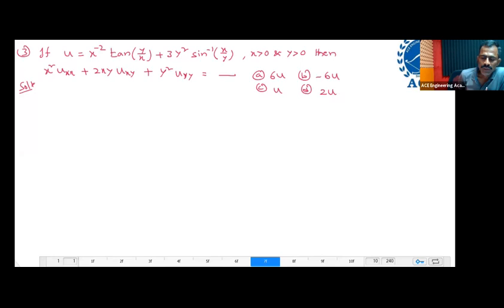So u is a transcendental function. Then check whether the function u is a homogeneous function or not.